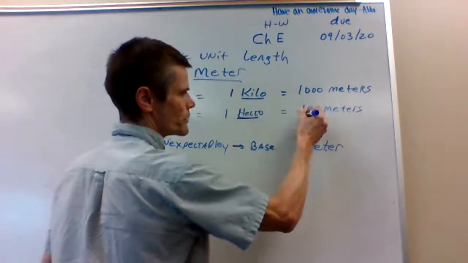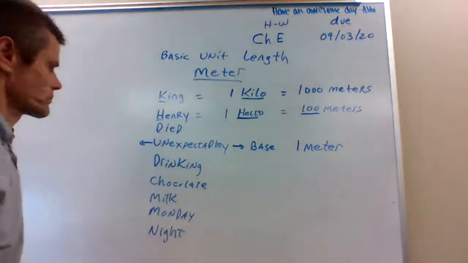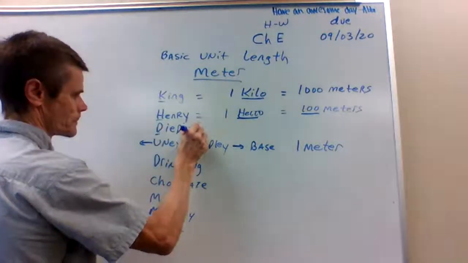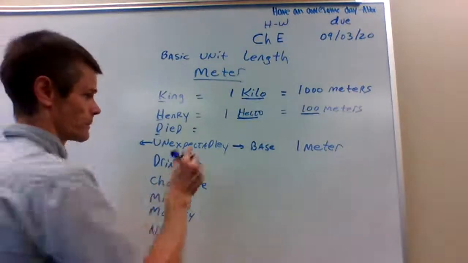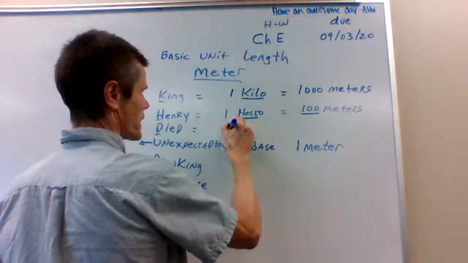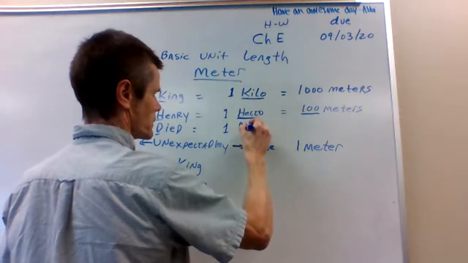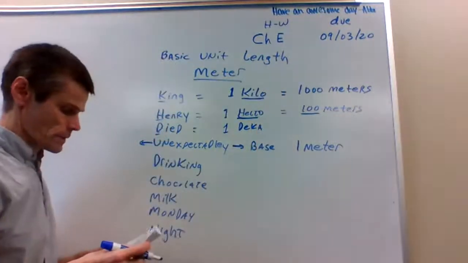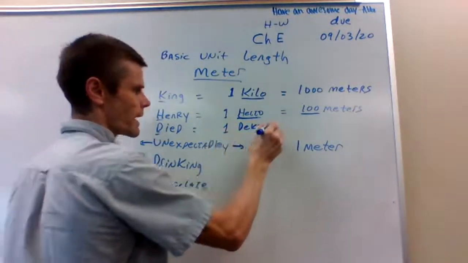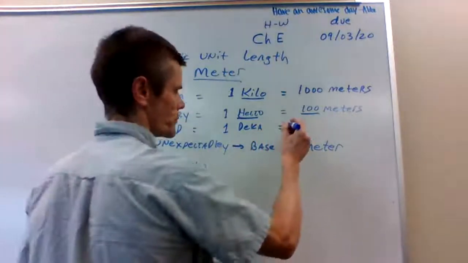Hecto represents 100 of our base units. Died. Now this is where it gets a little confusing. Died is deca. Again, we don't use it a lot. We use kilo a lot. We don't use hecto or deca to a very large extent. 1 decameter has 10 meters associated with it.